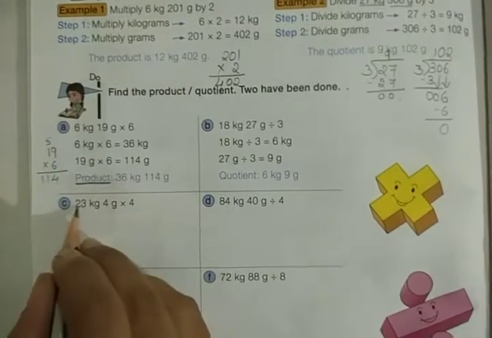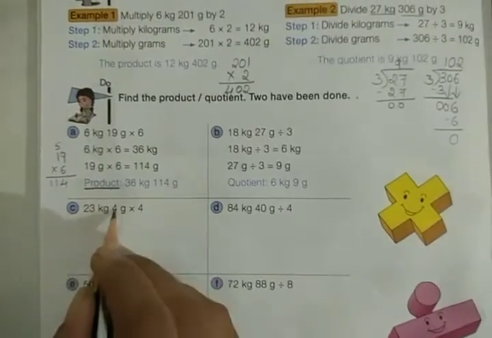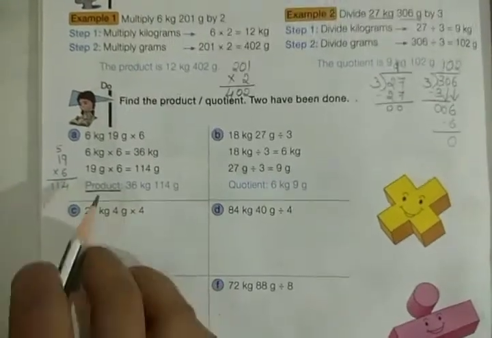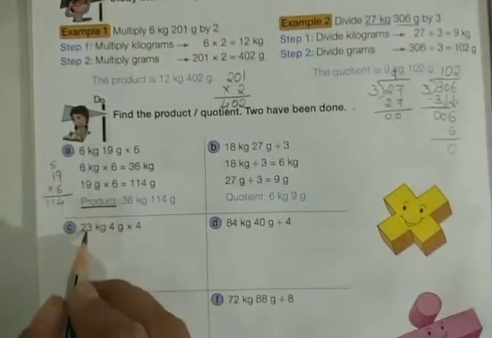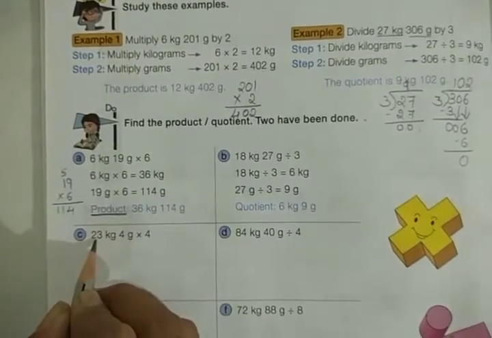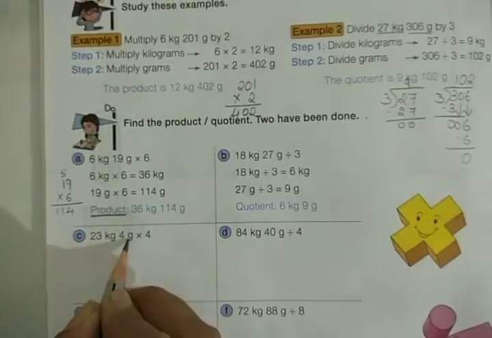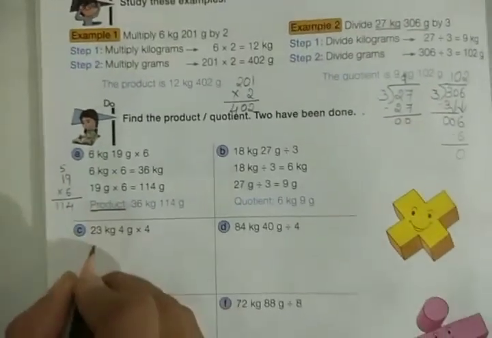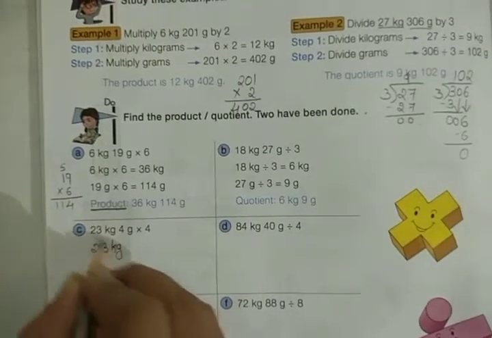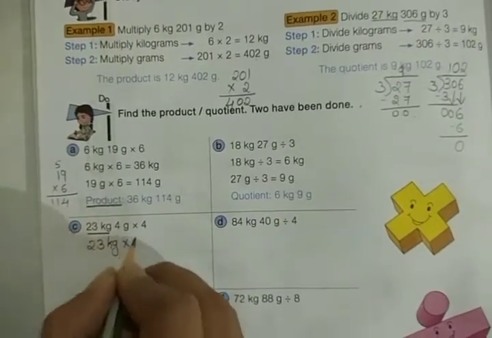See one: 23 kg 4 gram multiplied by 4. So the first step is what? We need to multiply this 4 with 23, that is with the kg first, then with the gram. Write here 23 kg multiplied by 4.